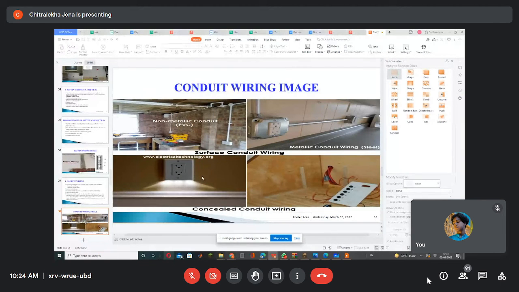In our house, are we using concealed conduit or surface conduit? This is surface conduit. It does not look good, but concealed conduit is good looking. In our house we actually use concealed conduit wiring. Am I clear to all of you? Yes, ma'am. Okay, very good.